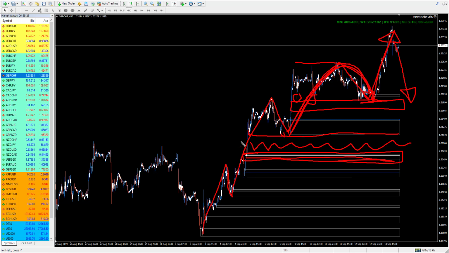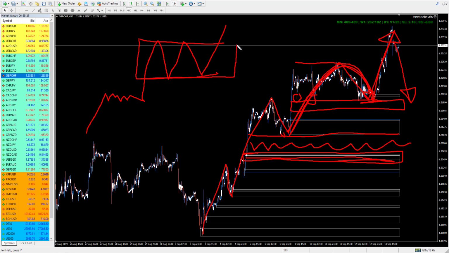What we don't want to see is stuff like this, where price moves up, goes up, comes back, does this, and then leaves. Why? Because this sideways price movement is the market consuming liquidity that we need in order to support our position. Okay, so this is not good.